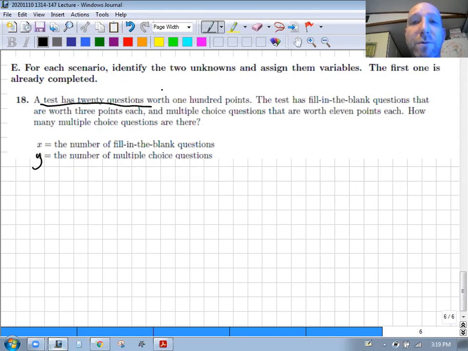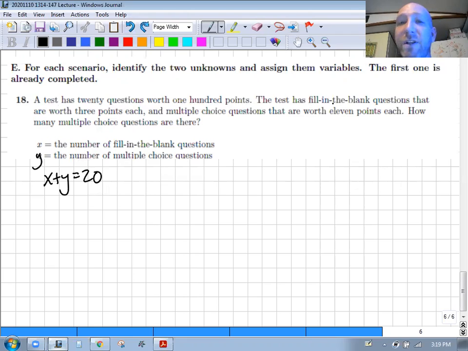There's a total of 20 questions. So that tells us x plus y has to be 20. The number of fill-in-the-blank and the number of multiple choice add together to give us 20. Now we need a second equation that's independent of this one. What we do know is the test is worth 100 points.